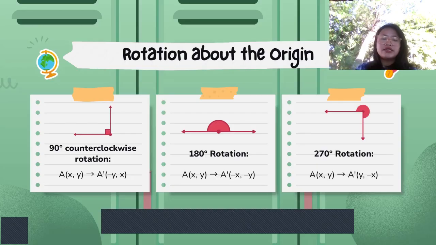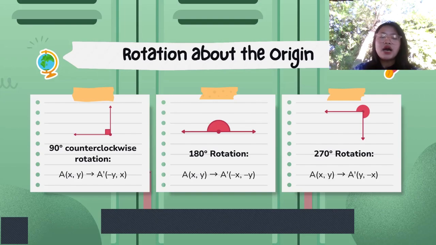For a 180-degree rotation, A(x, y) becomes A'(-x, -y).